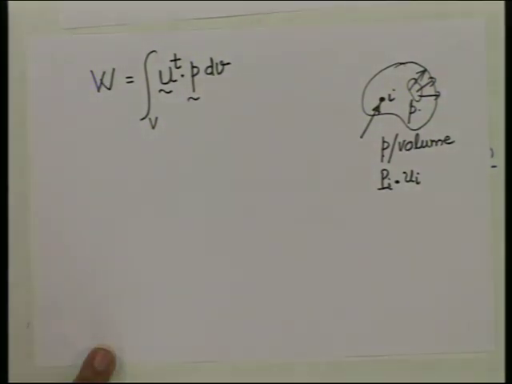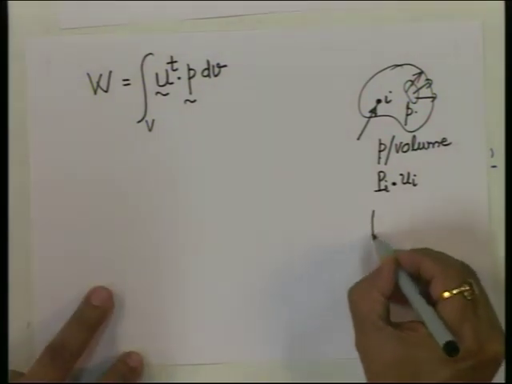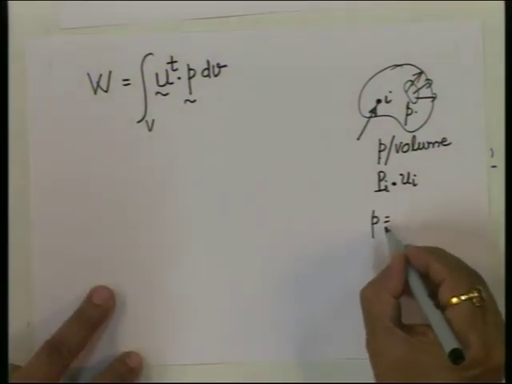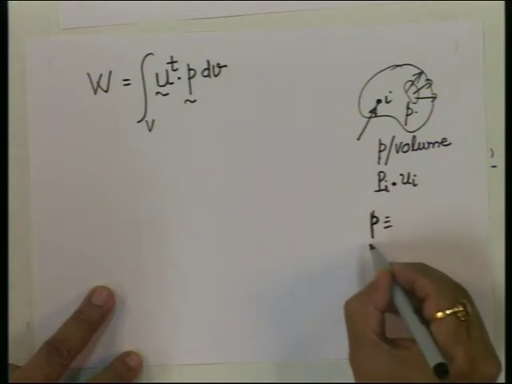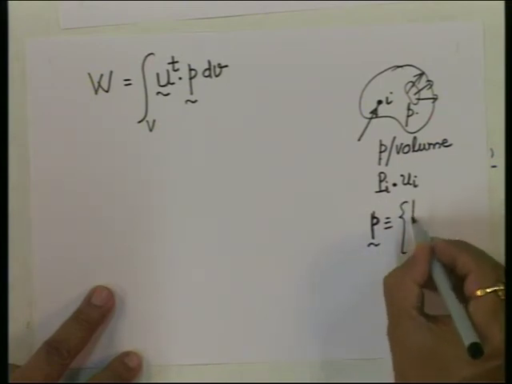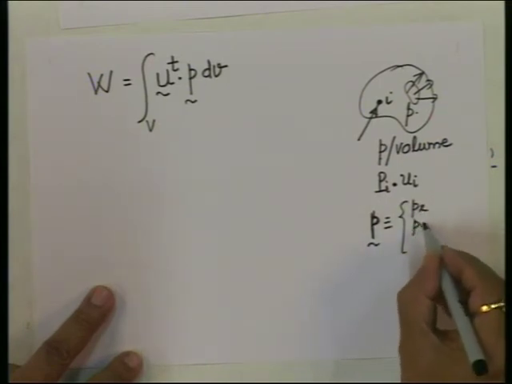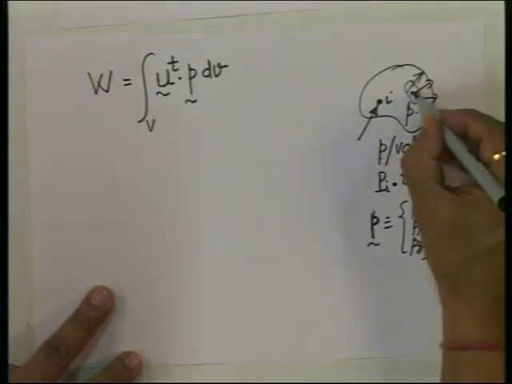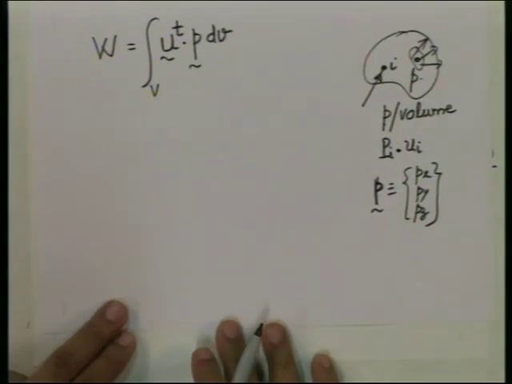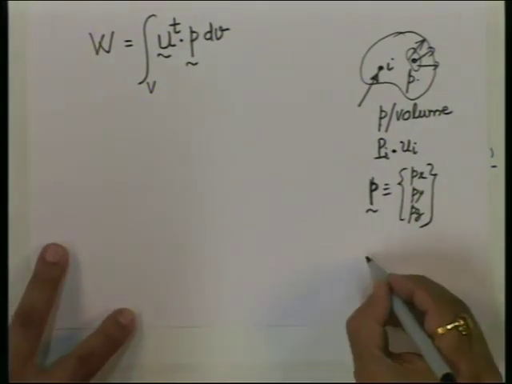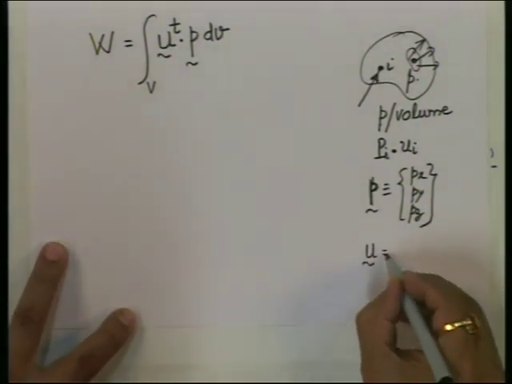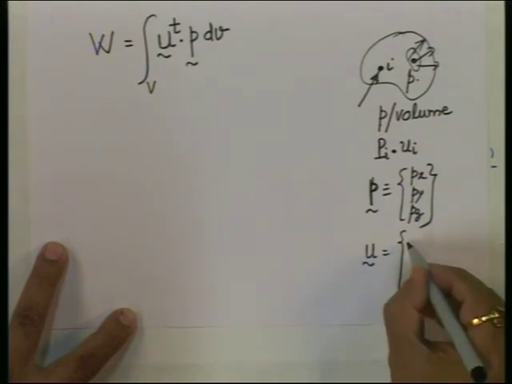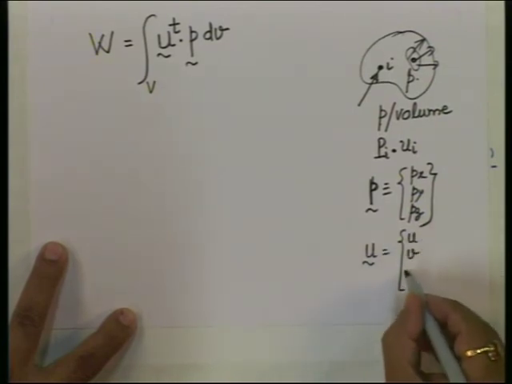P can have three components, Px, Py, Pz at any point. At any point there can be intensity of load in the three directions, and then the corresponding displacements are also U, which is UVW.